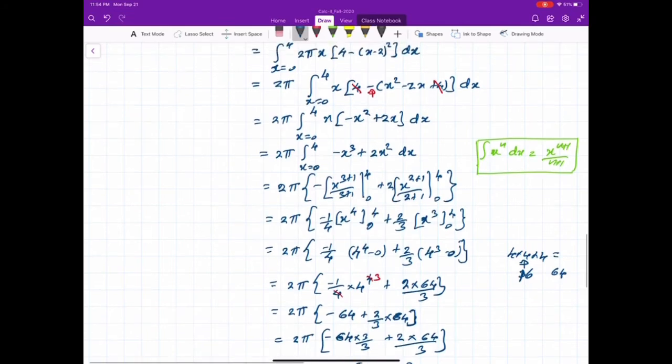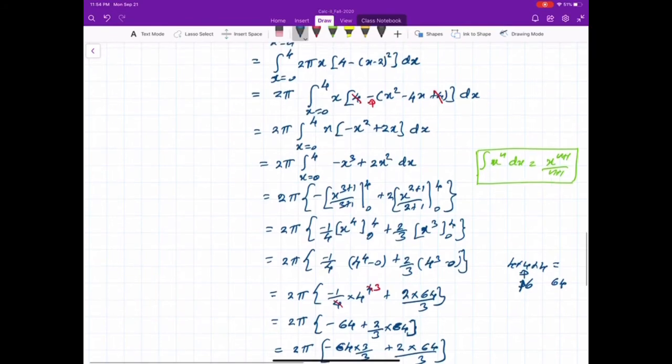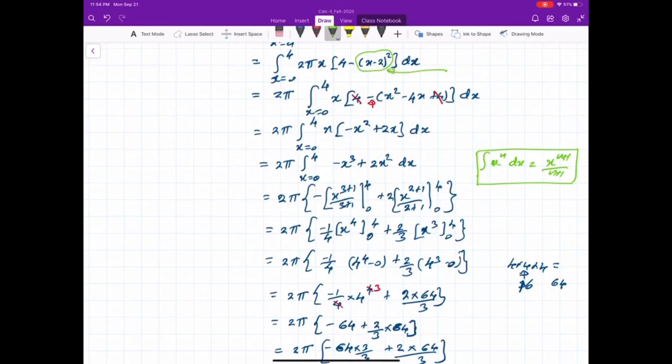Oh yeah, the mistake is this. Actually this should not be 2, that should be minus 4. Okay, why is it minus 4? The expansion of that should be x minus 2 times x minus 2.